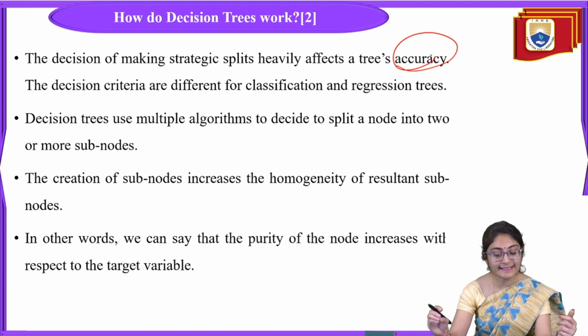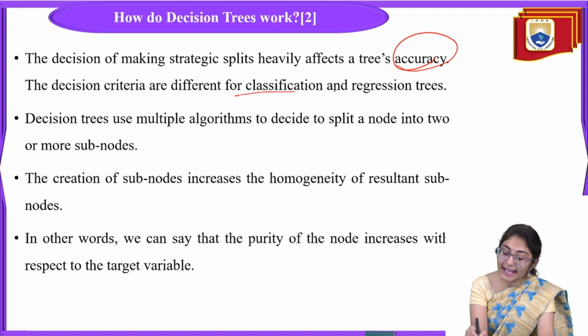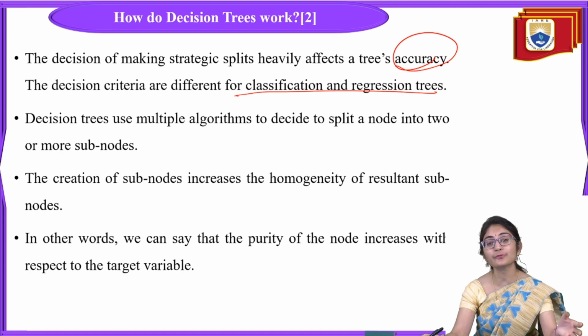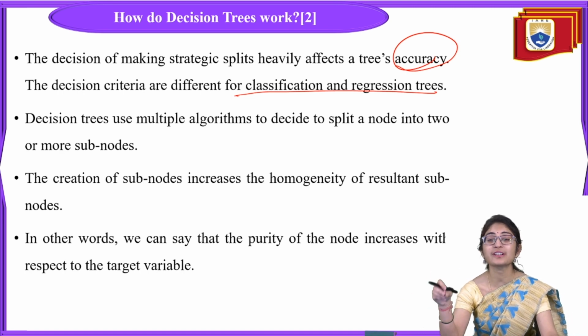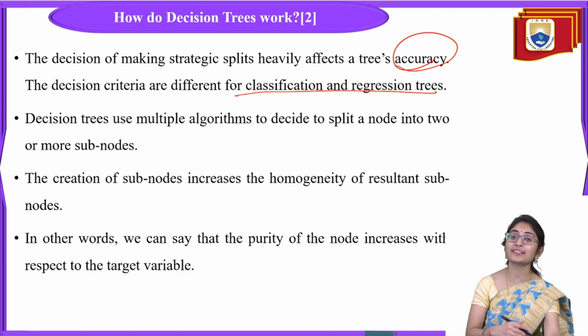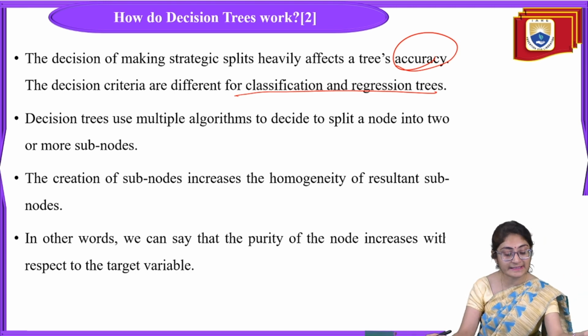And these decision criteria are totally different for the classification and the regression tree. You know very well the decision tree works as a supervised algorithm. That means we have to train our models and do some experiments on it, and after that we will get some results and then we will reach our decision.